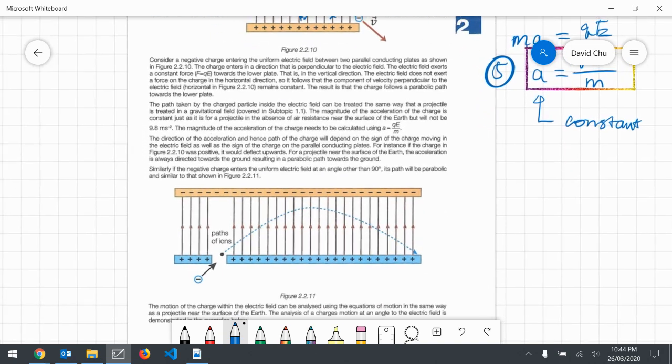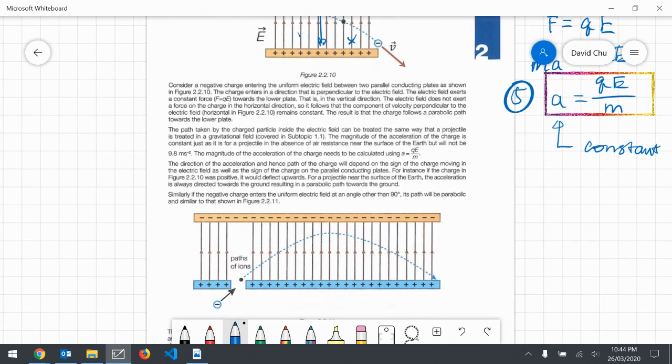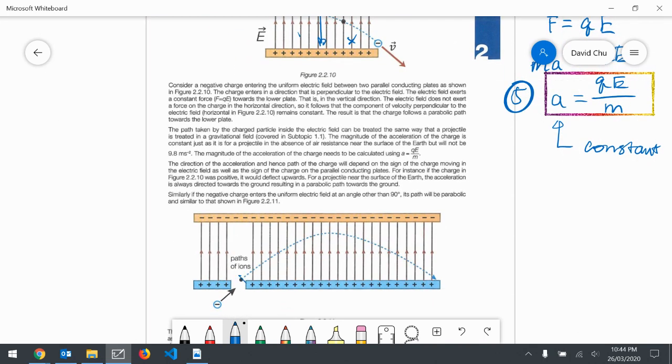Now, since we know that it's projectile motion, what does that mean if you start from one side here, and that's a negative charge, and you have an initial velocity? It's going to track along, almost like throwing a ball in a projectile, but eventually it's going to be drawn back into the positive side, because negative is attracted to positive.